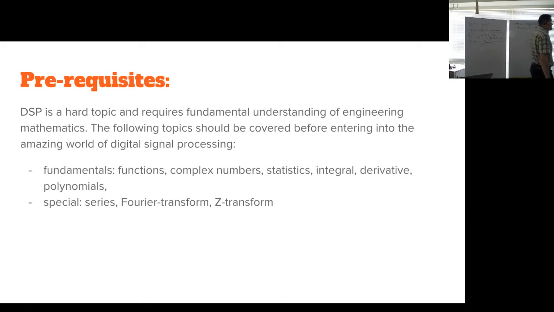And then some special things like series, Fourier transform, and Z transform. I will go through a brief introduction on this if needed. Otherwise, I kind of just expect you to know these things. But please stop me if there is a topic that you need some more info on. These are not hard. This is just tools for everything.